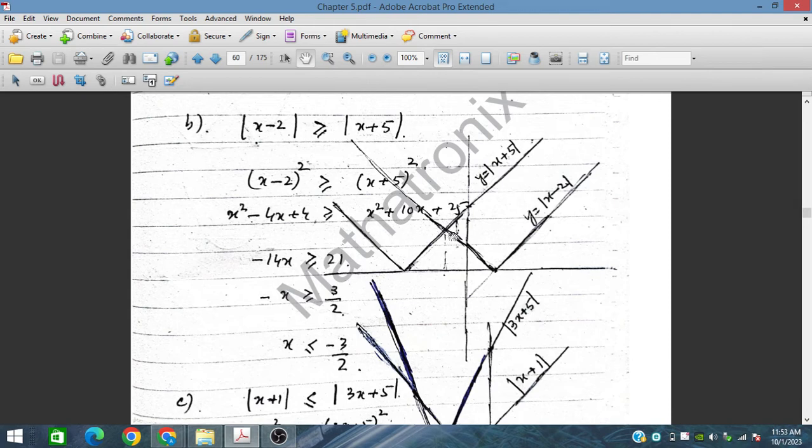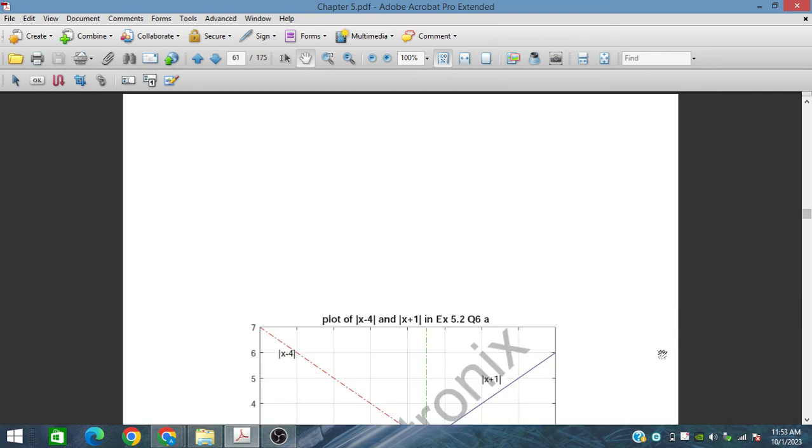If x is less than minus 3 upon 2, then this graph is greater than this graph in this region. After this point, in this region, this curve is above this curve, which is this. And in a similar form we can see as well.